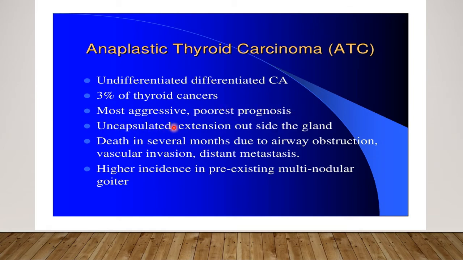Unencapsulated usually. Extension outside the gland is common. Death in several months due to airway obstruction, vascular invasion, and distant metastasis. Higher incidence in pre-existing multinodular goiter. It is, fortunately, a very rare tumor.